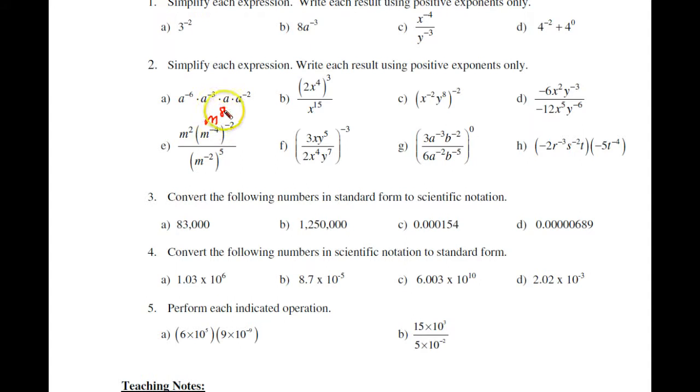This became m to the 8th. So on the top here, we now have m to the 10th. And then this is going to be m to the -10th down there. And now we're going to raise that up, and that becomes 10 plus 10. So our answer here is m to the 20th. That's our final answer.